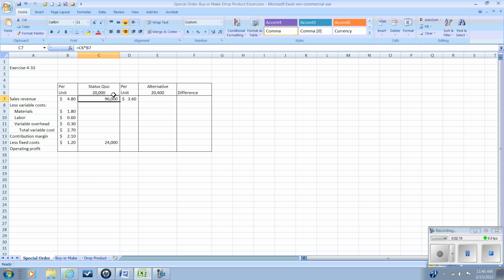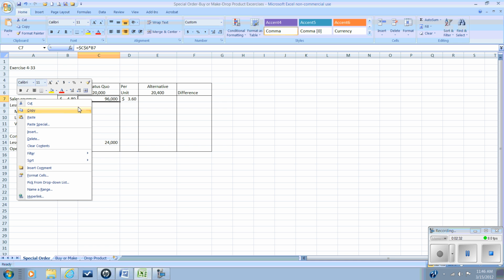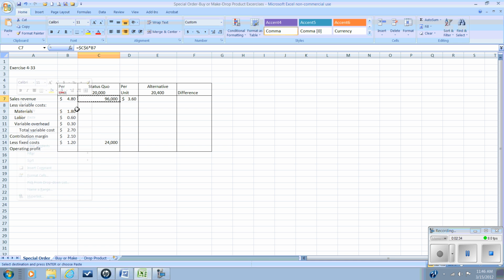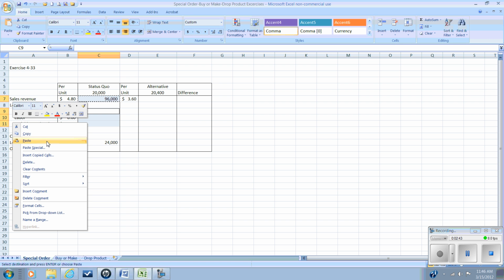We can lock in that cell into our formula by putting dollar signs in front of the column and the row number. That's not going to change our answer, but it allows us to take our formula and copy and paste it to our various variable costs.